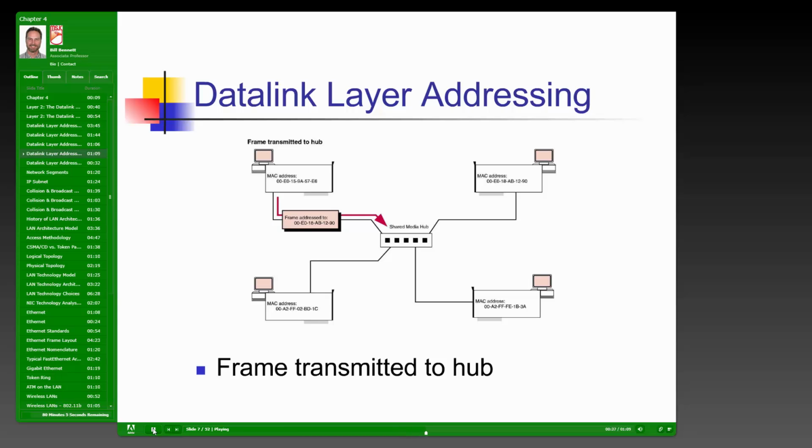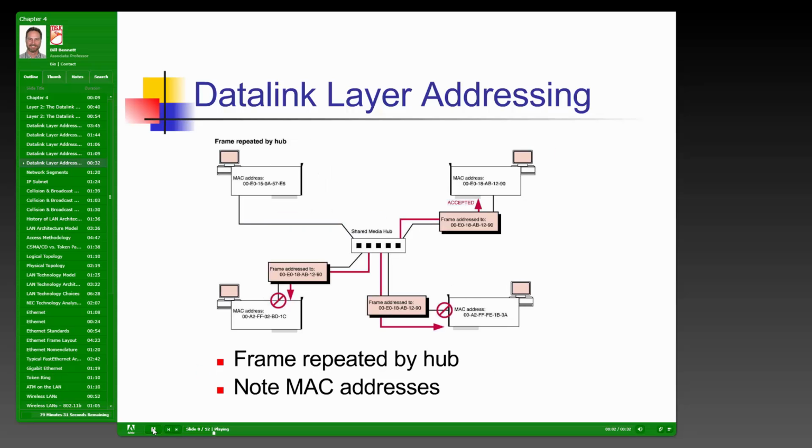As that message travels into the hub, the hub will forward the message out all of the media that's connected to it. So all of the other wires coming out of that hub will also be forwarding this message, and each of the computers' network interfaces attached to the media will see that message, but only the computer that has the matching MAC address will actually process it.